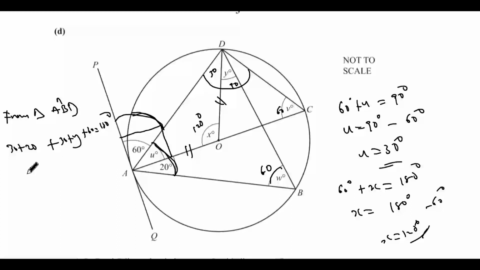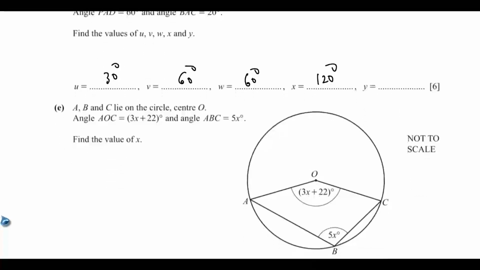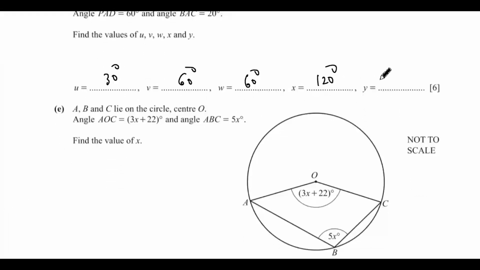If you add all these angles together, 30 plus 20 plus 30 plus 60 will be 140 degrees, then plus Y equals 180 degrees. Then Y equals 180 degrees minus 140 degrees. So Y equals 40 degrees. Let's scroll down and write the answer here. Y is equal to 40 degrees.